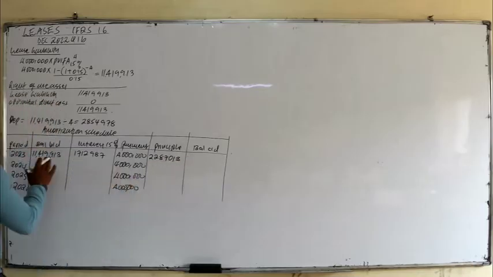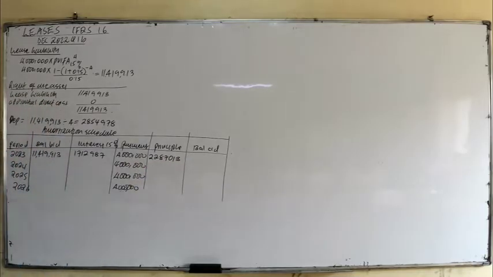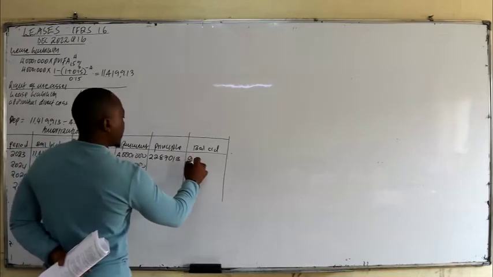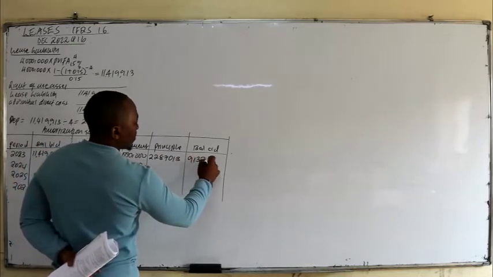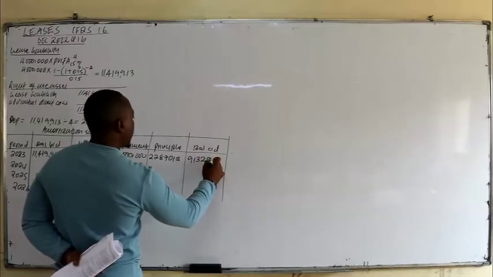Now give me the balance carried down. You take the balance brought down and minus the principal. 9,132,900.